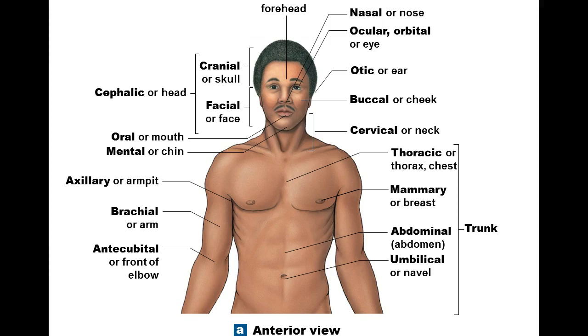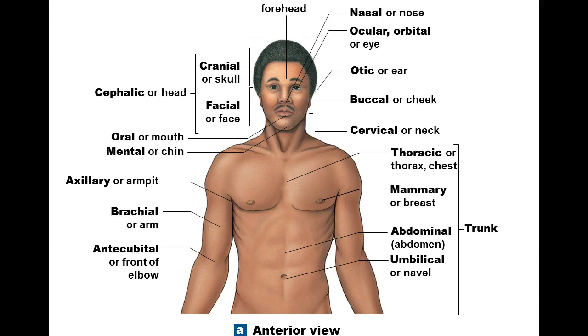In terms of the anatomical terms, they're excellent to get to know. Some of them are very intuitive, like frontal or nasal or nose, meaning the word is very similar. Others are not so intuitive, cervical or neck, mental or chin.